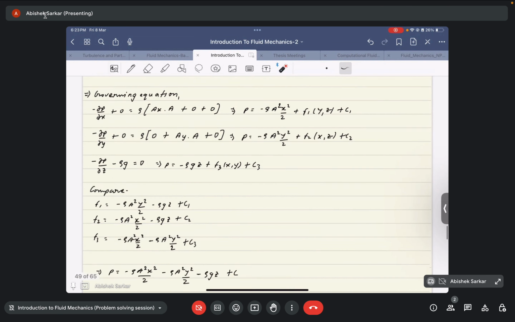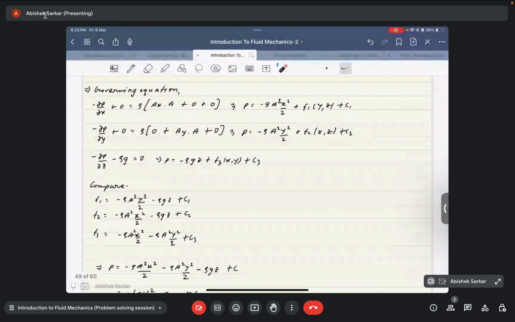Then if we compare these three expressions, we will get that f1 is equal to minus rho a square y square by 2 minus rho g z plus c1, f2 is equal to minus rho a square x square by 2 minus rho g z plus c2, and f3 is equal to minus rho a square x square by 2 minus rho a square y square by 2 plus some constant c3.